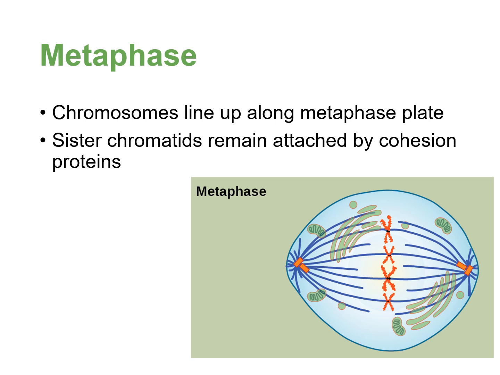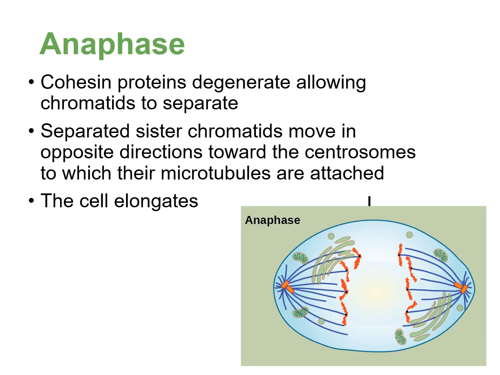But in metaphase, again, the chromosomes are lining up along the metaphase plate, and sister chromatids remain attached by cohesion proteins. So you can see they're still attached here, but these little microtubules are getting ready to go in and grab these now that they're nice and lined up in the middle to pull them over to the side in anaphase.